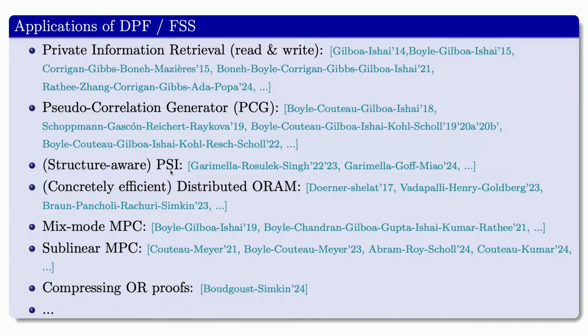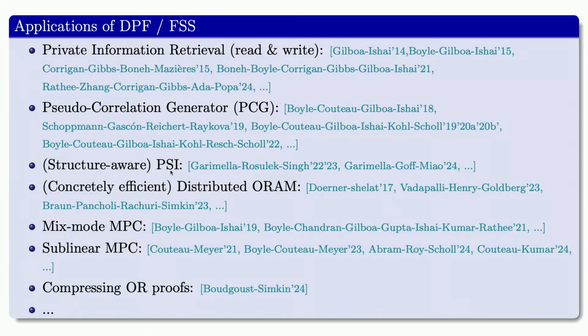You have also seen from Peter's talk the fascinating primitive called pseudo-correlation generator, where the distributed point function is the core primitive that enables this. And from yesterday, we have the talks about structure-aware PSI, or fuzzy PSI, where I think Jasper mentioned that one of the ways to get fuzzy PSI is through the distributed point function. And there are many other applications in MPC that use DPF extensively.